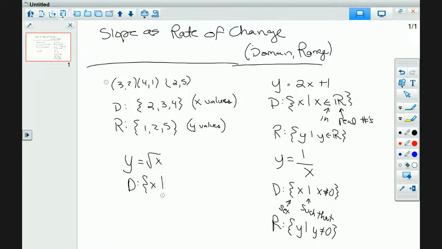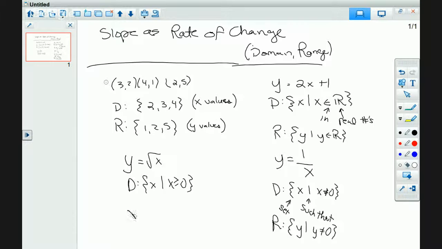So x has to be greater than or equal to 0. I can't put negatives in here and get a real number out. Okay? You following? The question is what makes bad operations there?